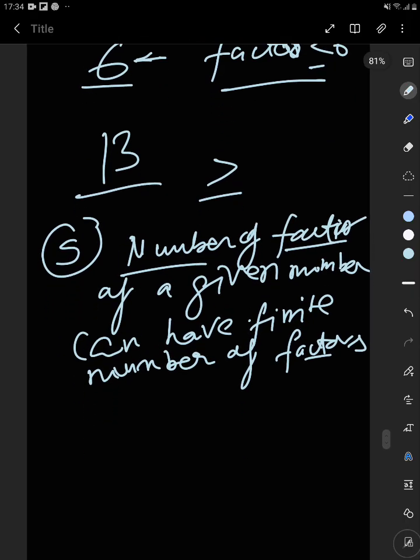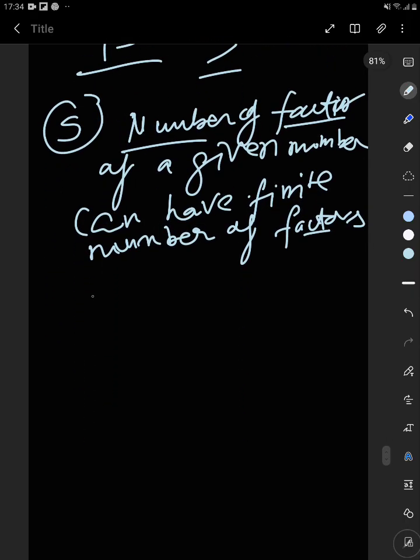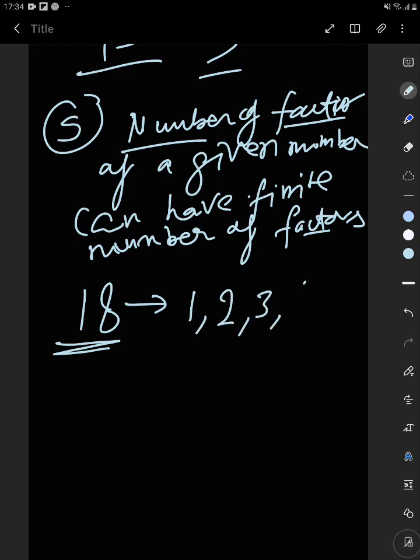So what does this mean? If any number is there, for example the number 18, it cannot have infinite factors. There will be a finite number of factors. For this one, we have 1, 2, 3, 6, 9 and 18.